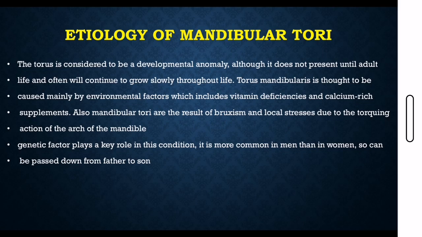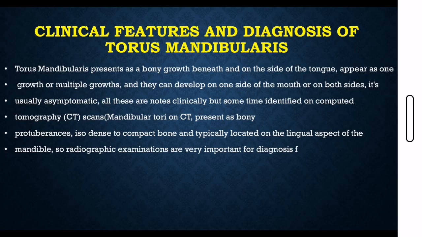Also, mandibular tori are the result of bruxism and local stresses due to the torquing action of the arch of the mandible. Genetic factors play a key role in this condition. It is more common in men than in women, and can be passed down from father to son.